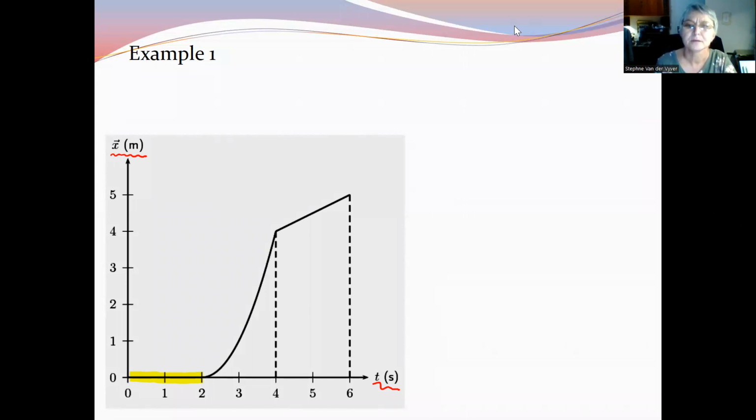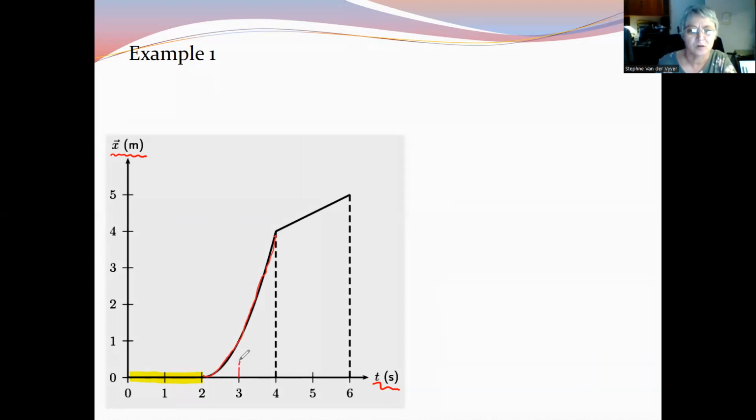Then the object had a parabolic graph from 2 to 4 seconds. So it means that every little second, the object goes much further.